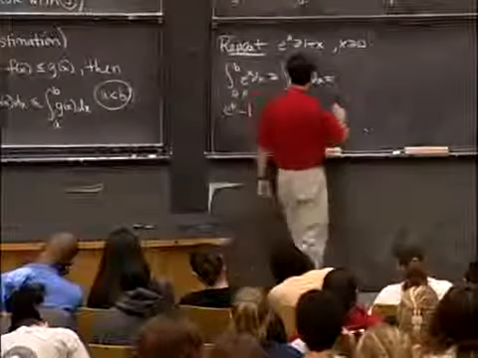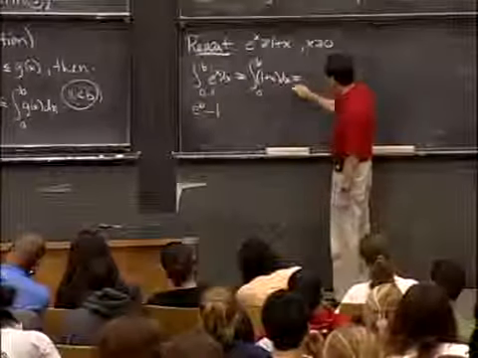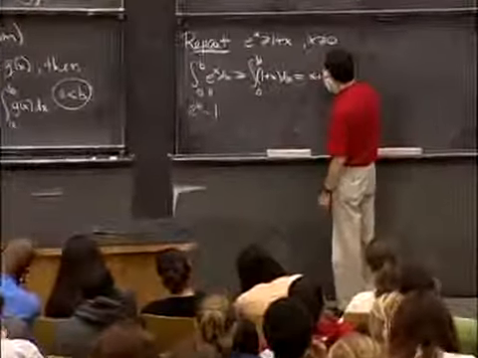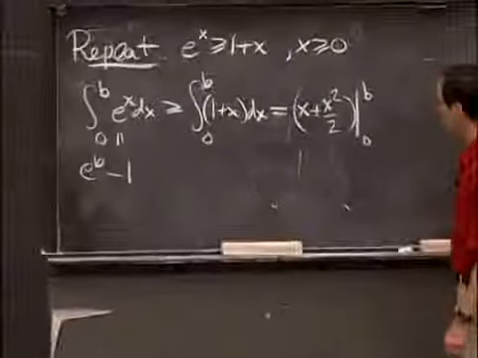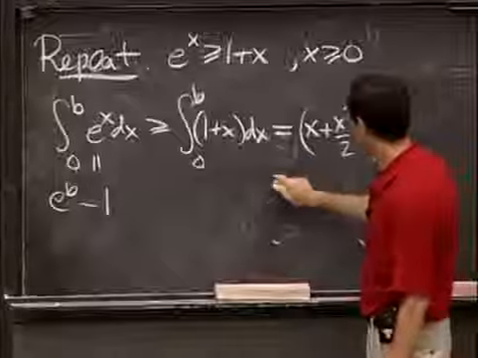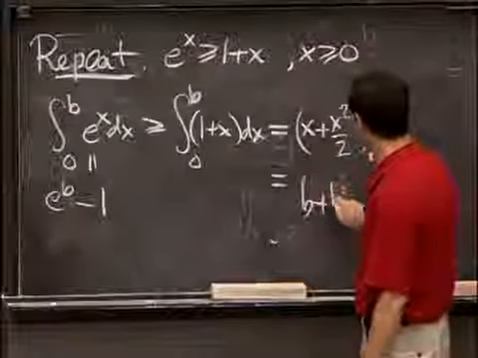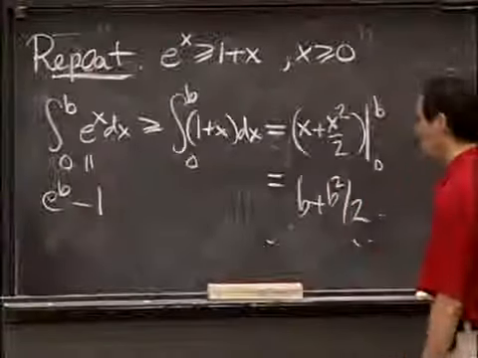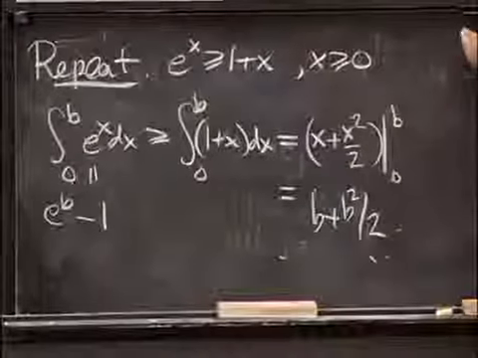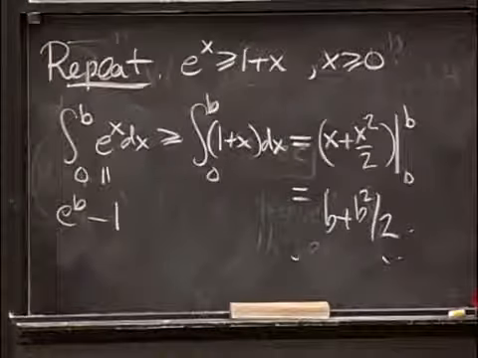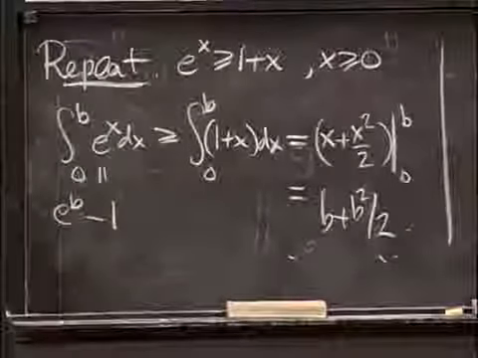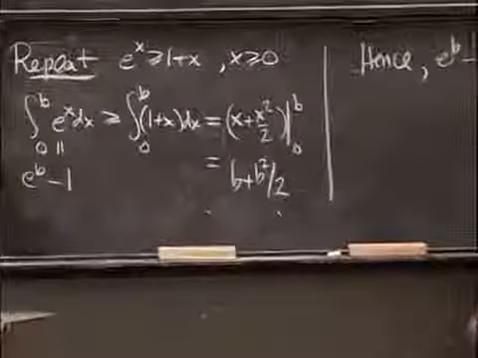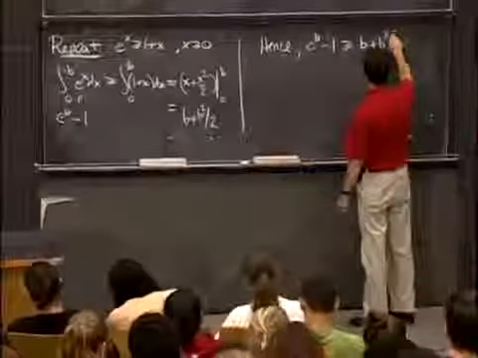And the other one is not hard to calculate. The antiderivative is x plus x squared over 2. We're evaluating that at 0 and b. So that comes out to be b plus b squared over 2. And so our conclusion is that the left side, which is e to the b minus 1, is greater than or equal to b plus b squared over 2.